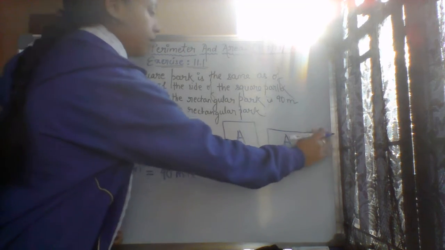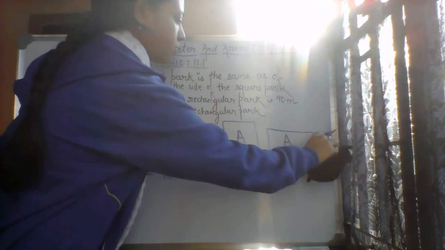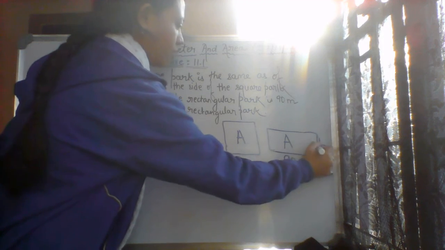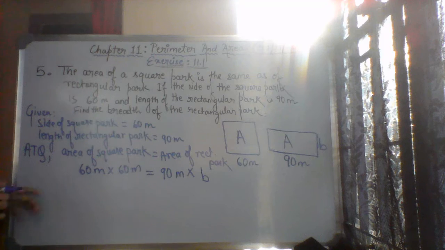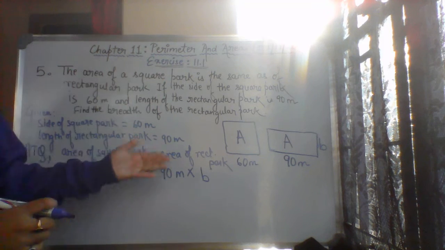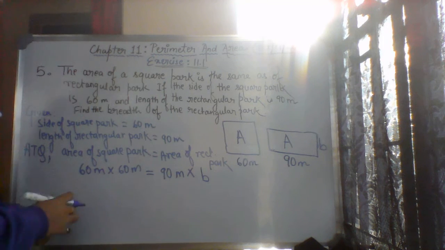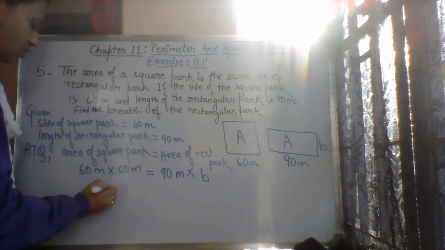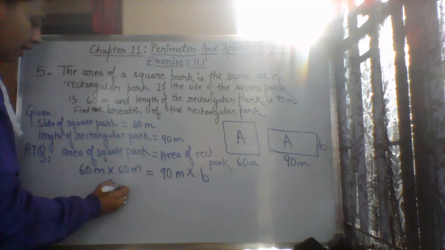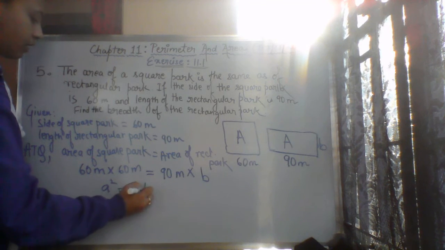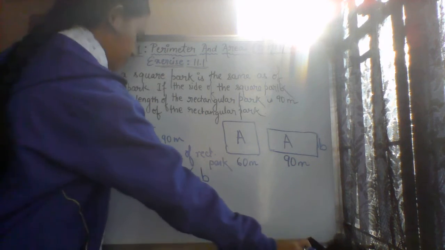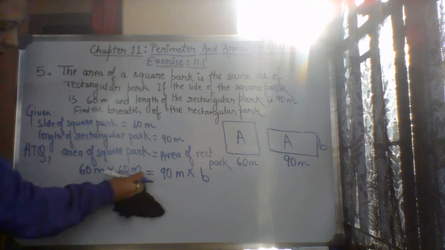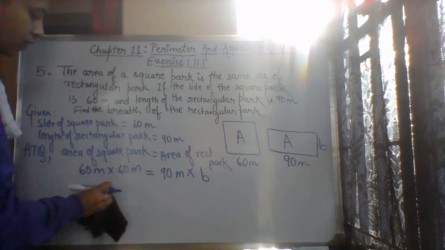Let it be B. I'm considering this breadth as B. So 90 meter into B. You can first write the formula, then put the values. For example, you can write down first A square or A into A equals length into breadth, then proceed with the next step. That is also okay. Since I don't have much space here, I'm not including that part.